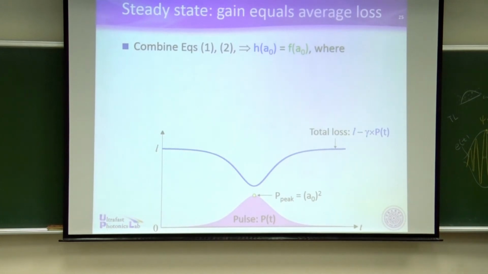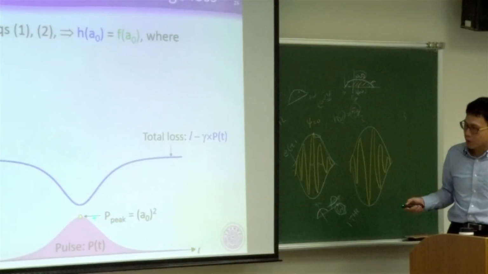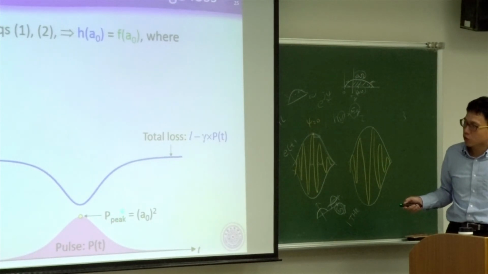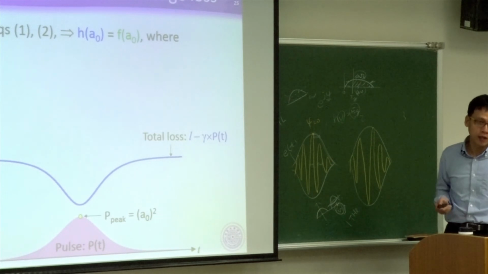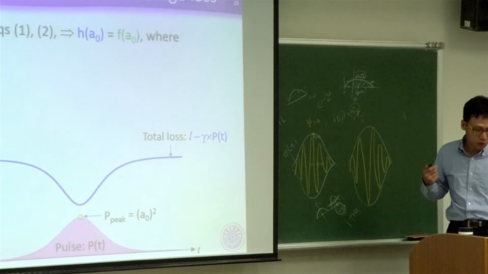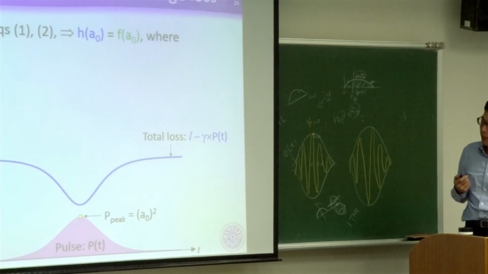Let's check the figure. This is the driving pulse, the power of the driving pulse, P of t. This is the peak power. According to our model, peak power is equal to A0 squared. A0 is the amplitude of the unknown sech pulse.